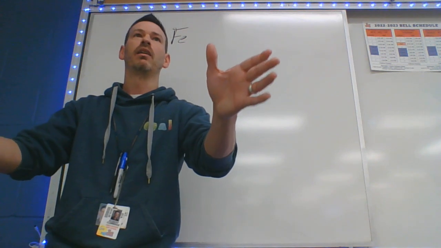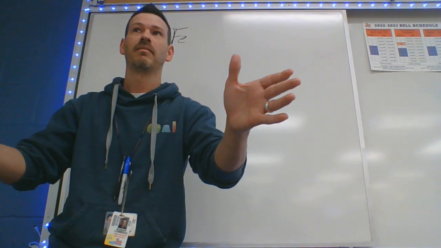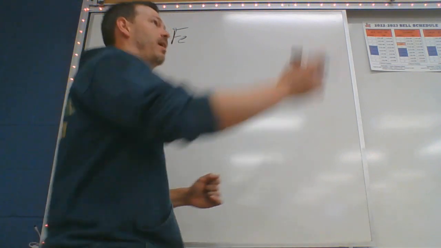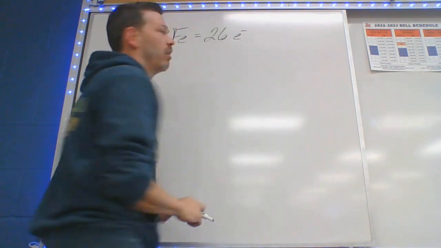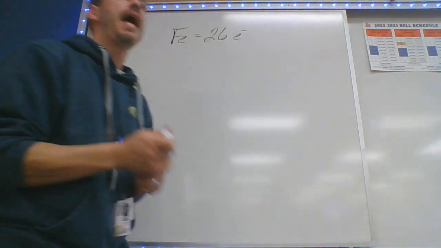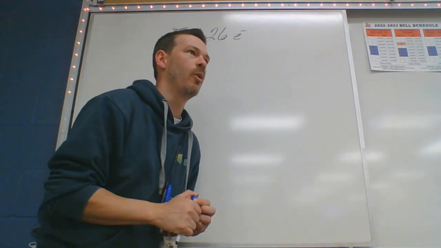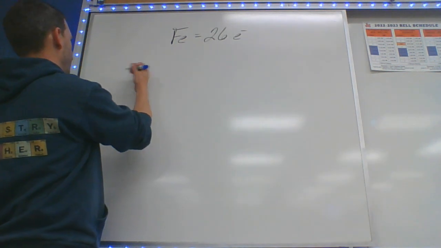Somebody from cluster 1, how many electrons does iron have? 26, all right? So we know that we have to draw 26 arrows. Hey, somebody from cluster 2, where do we always start when doing any notation? 1s, except for noble gas, right?